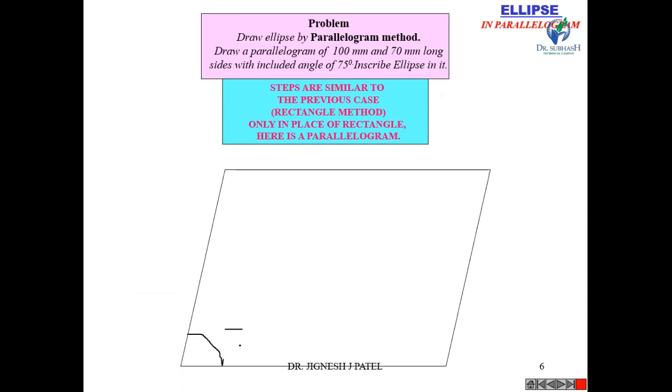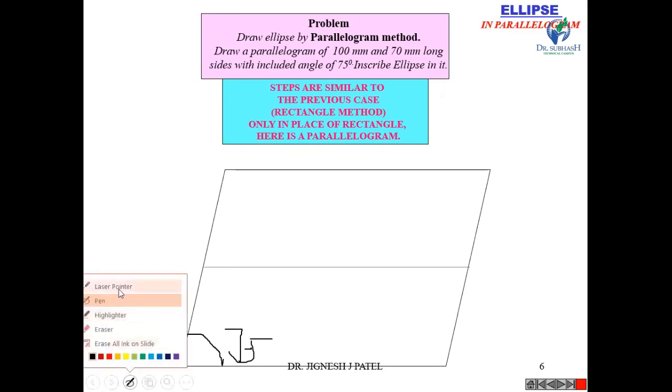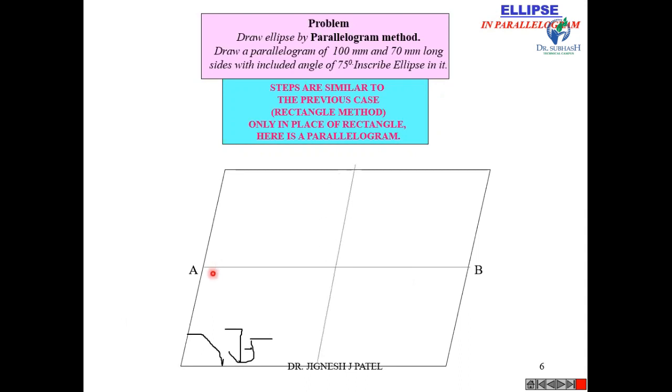Now here we have to draw the parallelogram, and this included angle is 75 degrees. Draw a line AB of 100 mm and line CD of 70 mm. Now mark the points here 1, 2, 3 and 4, and similarly on this line AB 1, 2, 3 and 4.